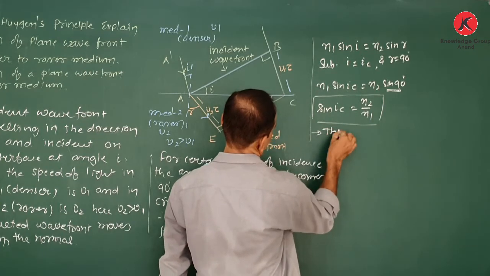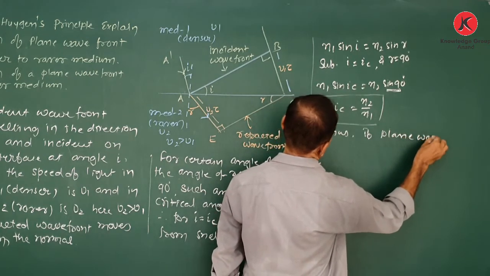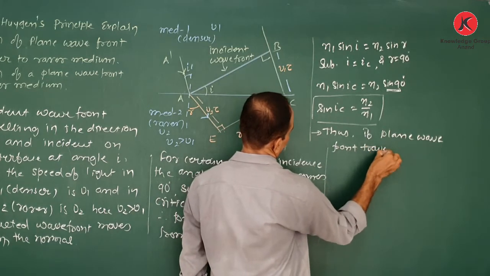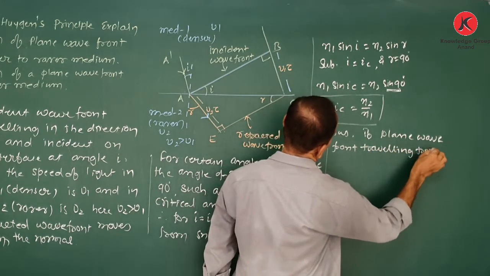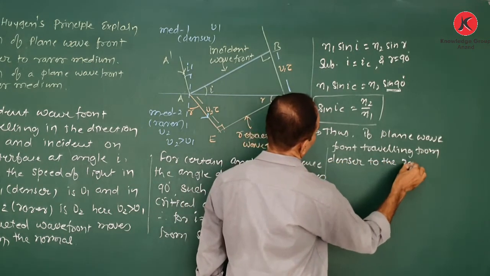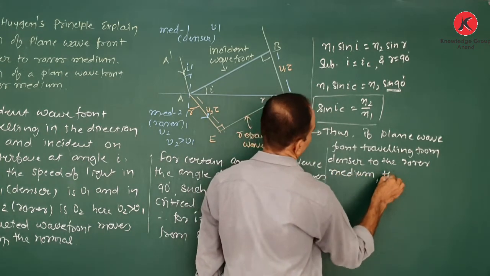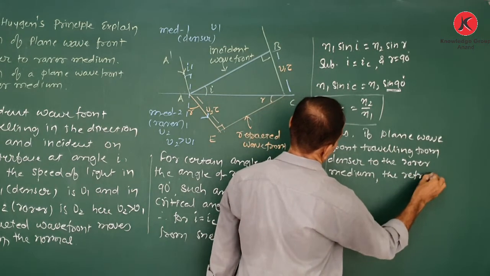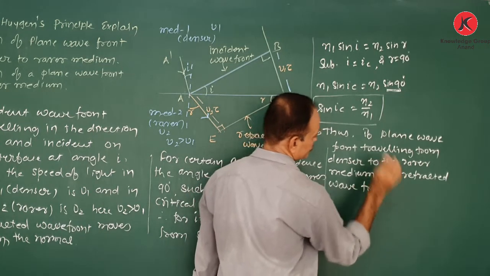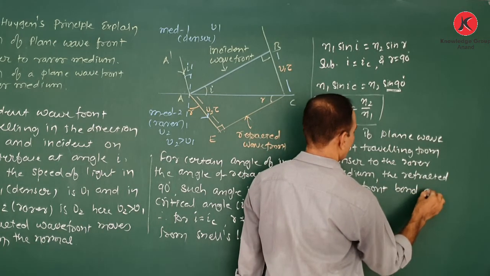Thus, if a plane wave front is traveling from the denser to the rare medium, the refracted wave front bends away from the normal.